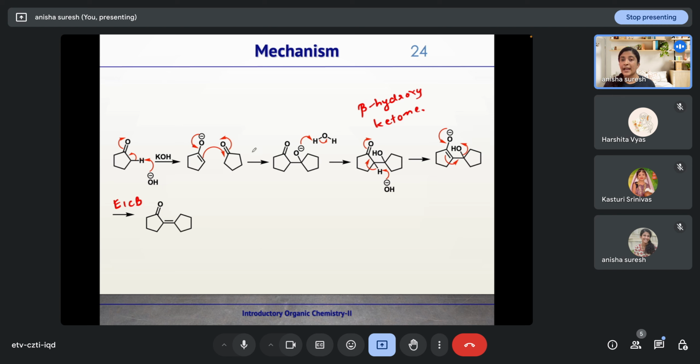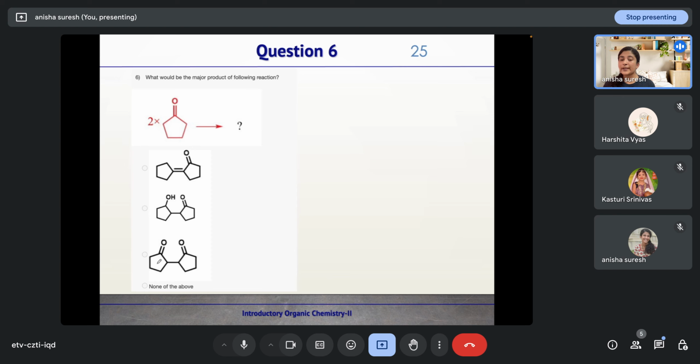So first aldol reaction will be taking place, giving this beta hydroxy ketone. Then again formation of enolate will take place, and the E1CB sort of elimination will take place, leading to formation of this alpha beta unsaturated ketone. So the major product that will be forming in this reaction is option A. Clear?